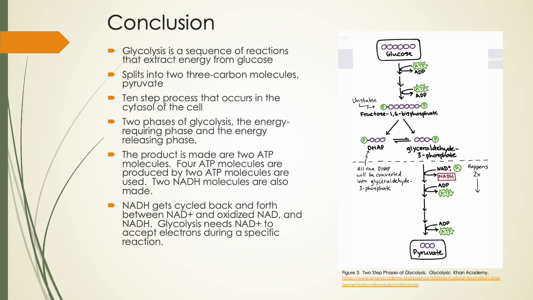NADH gets cycled back and forth between NAD plus and NADH. Glycolysis needs NAD plus to accept electrons during a specific reaction. If no NAD plus is available, then reactions cannot happen and glycolysis stops.